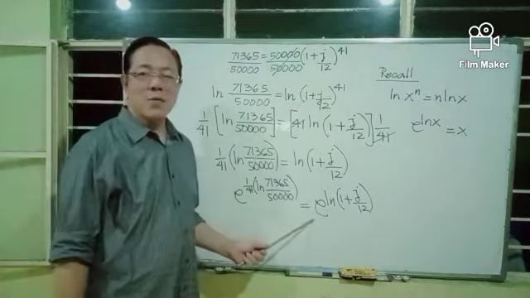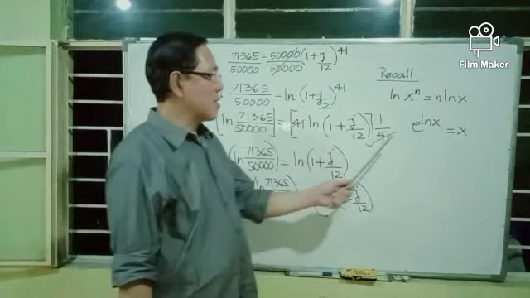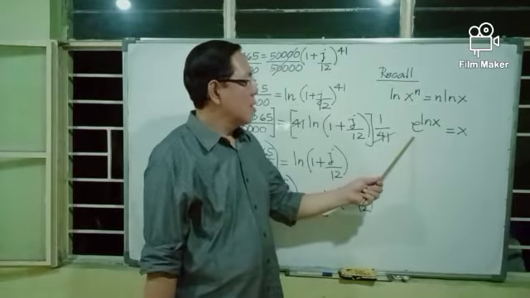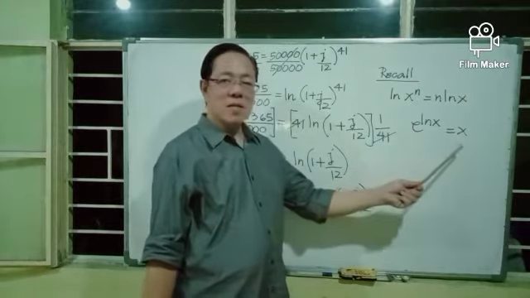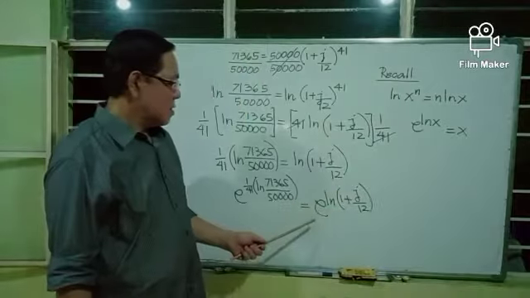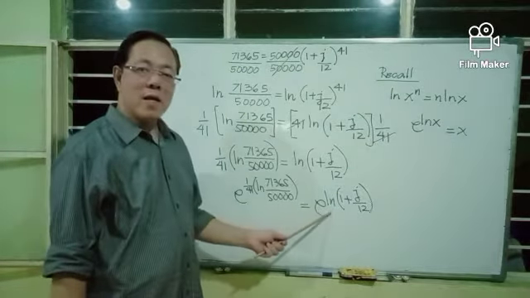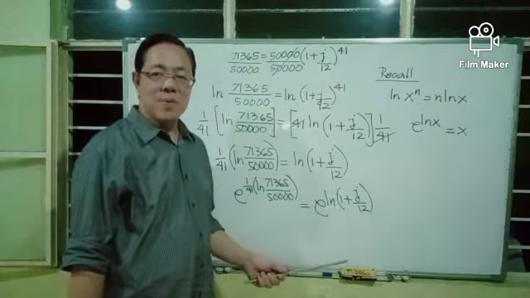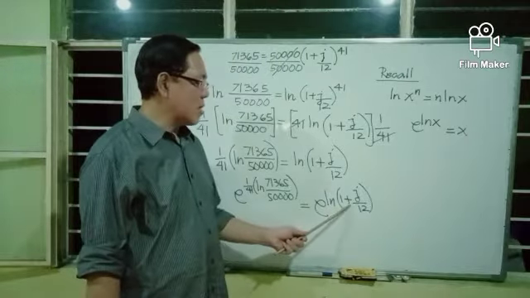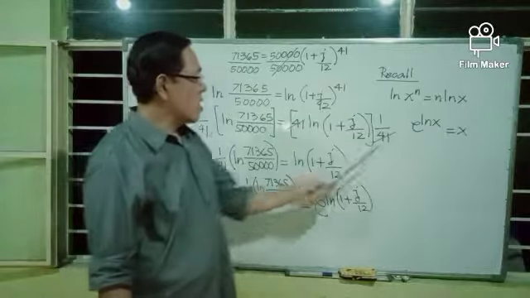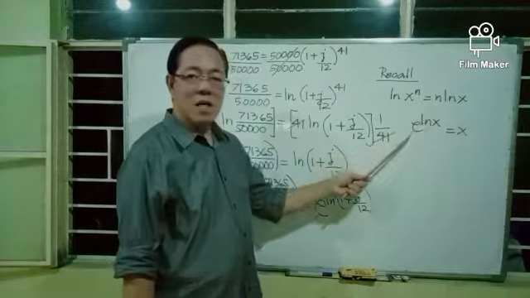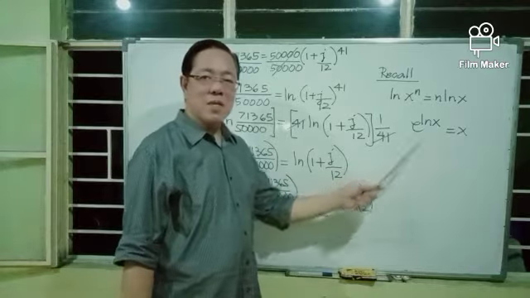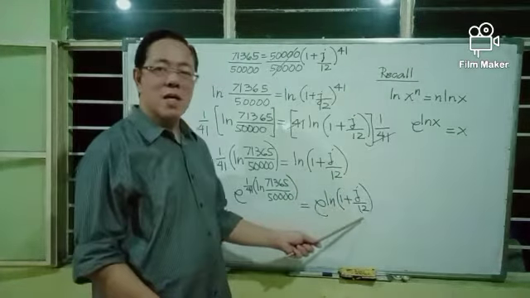And it is to the right hand side that we apply this property of exponential and logarithmic functions. E to the ln of x is equal to x. Thus, e to the ln of 1 plus j over 12 would simplify to 1 plus j over 12. It's like e and ln are cancelled. The right hand side by this property simplifies to 1 plus j over 12.